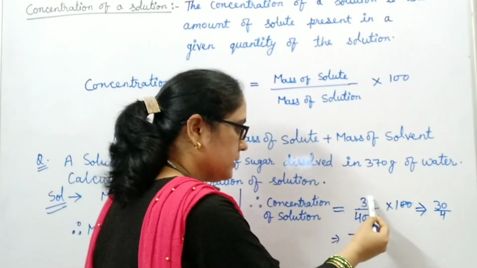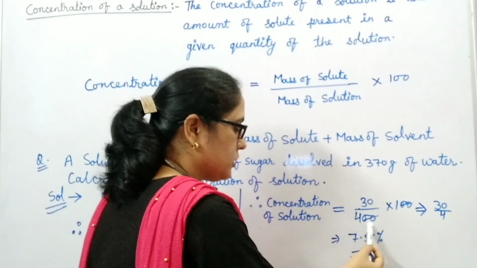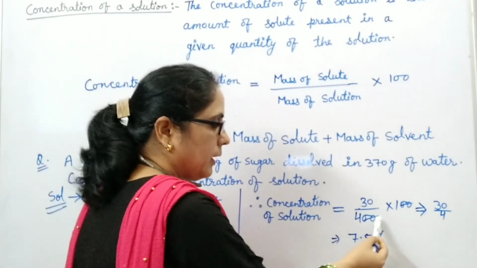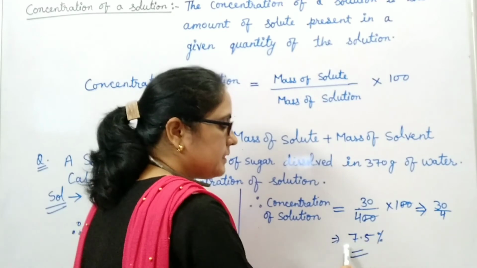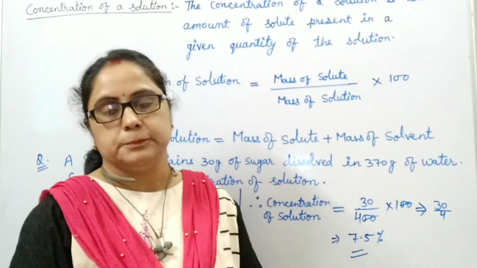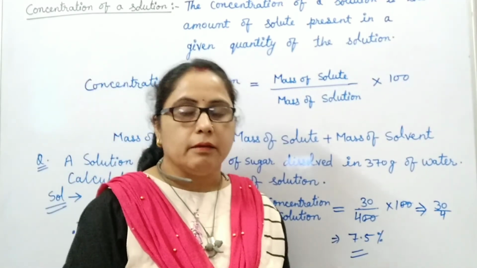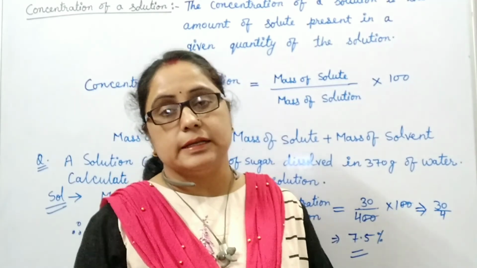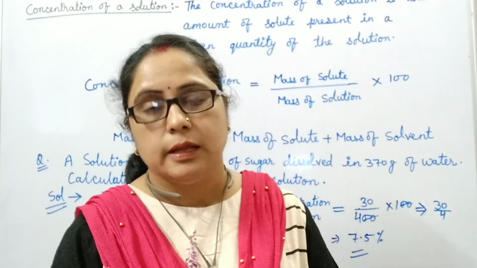Here mass of solute is 30 gram, mass of solution is 400 gram into 100, and we get 7.5%. In this way, we can find out the concentration of solution in percentage.